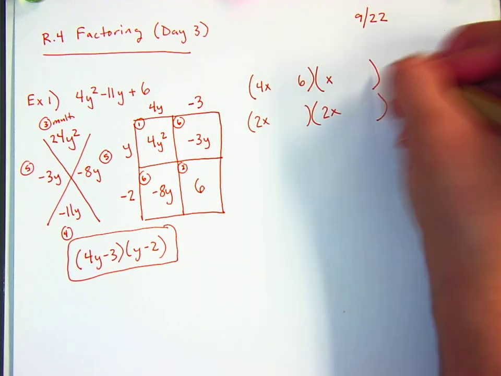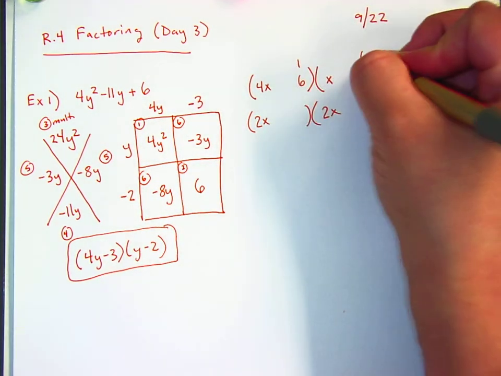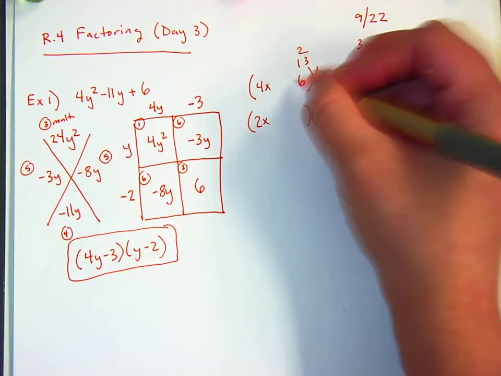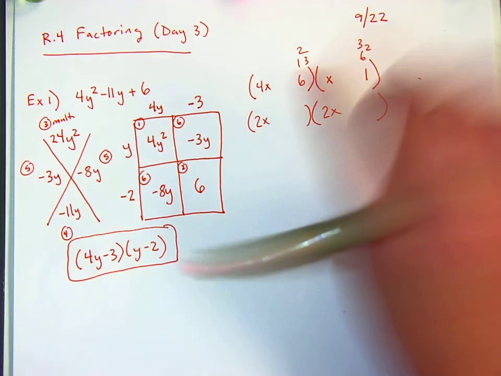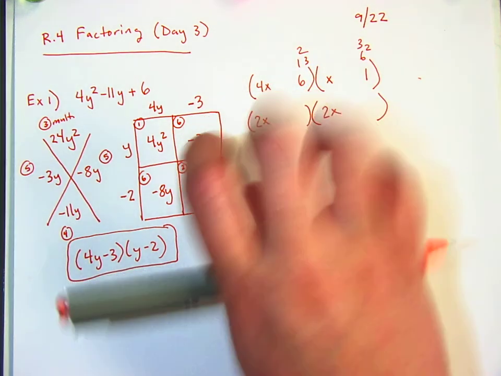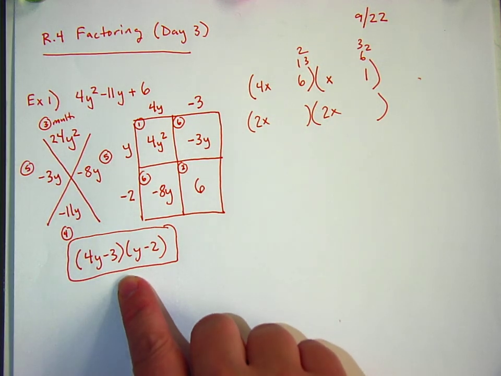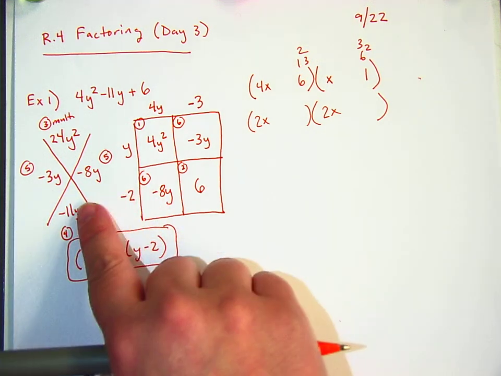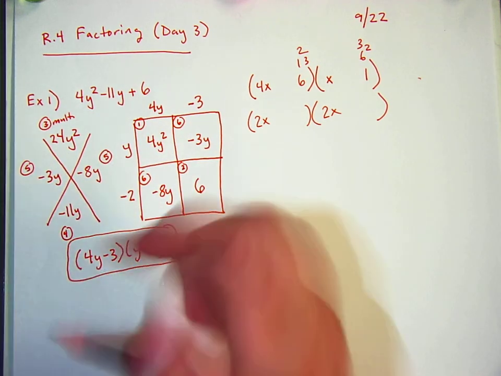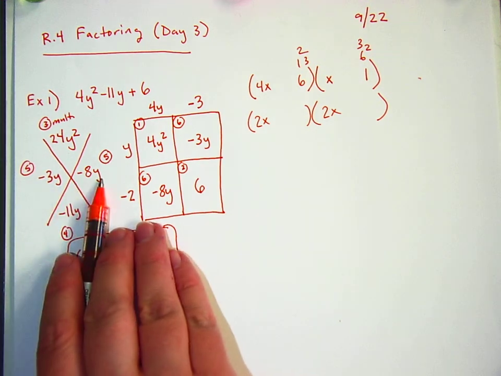So you could have like 6 and 1, or 1 and 6, or 2 and 3, or 3 and 2. You know, like really lots of different combinations to try. And then you would just basically try multiplying this stuff over and over against each other until you find the right combination, which happens to be this one. But this one tells you exactly what the right combination is every time. There is no guessing whatsoever, besides you having to figure this part out right here.